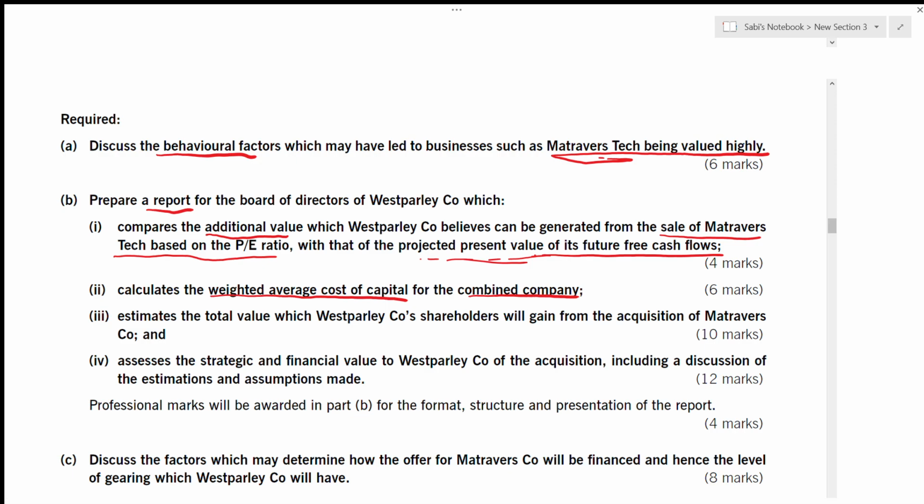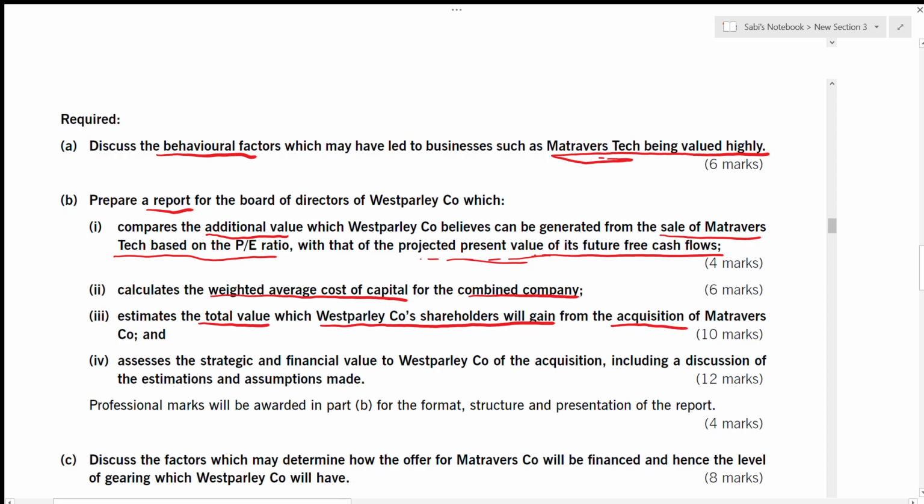Third, estimate the total value which West Parley Company shareholders will gain from the acquisition of Matt Raver's company. That means West Parley is the one who is going to acquire and Matt Raver is the target company. So the total value West Parley shareholders will gain from acquisition.